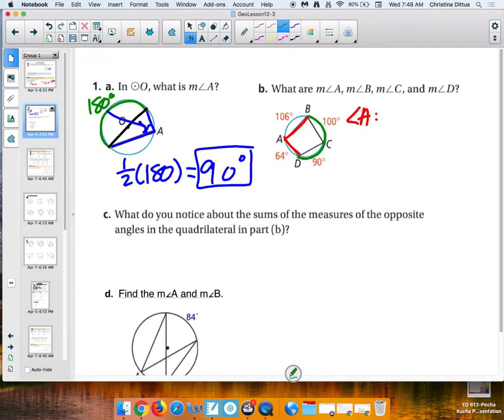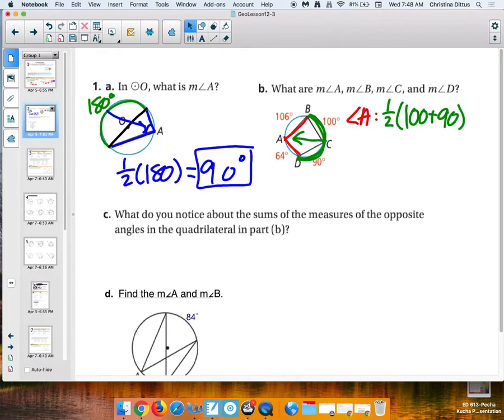Well, I know that to bring it in, I gotta take half, so I'm going to do half of 100 plus 90, because that's what it takes to match up with my red angle markings. So angle A, 95 degrees. That is just calculator work. Half of 190, 95.